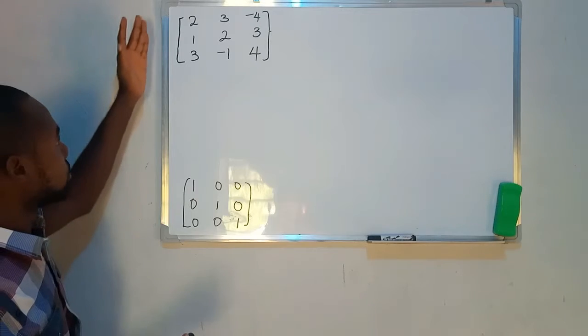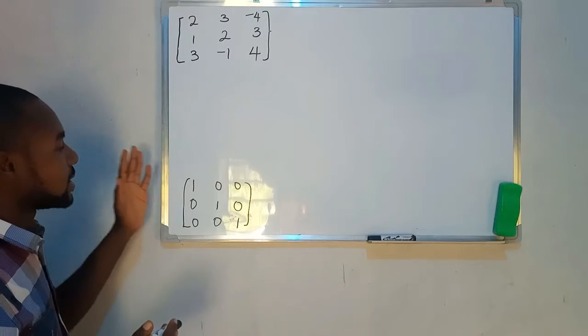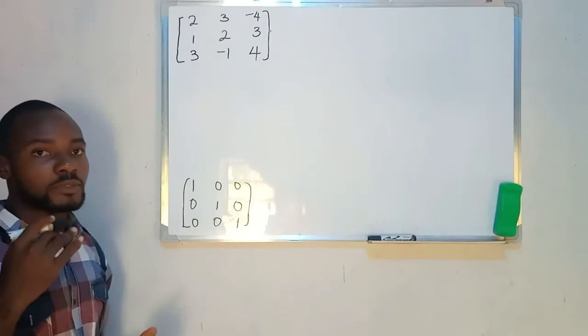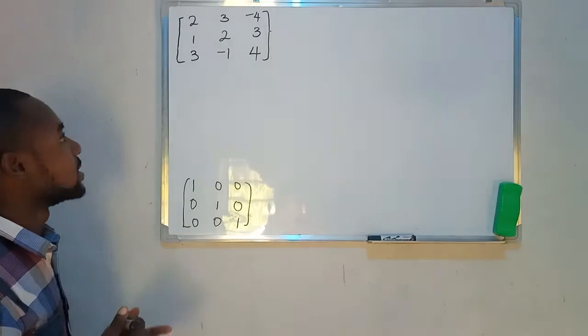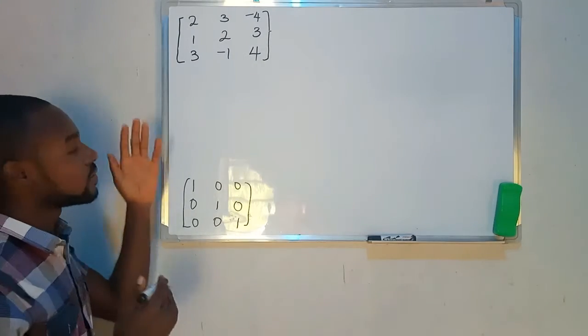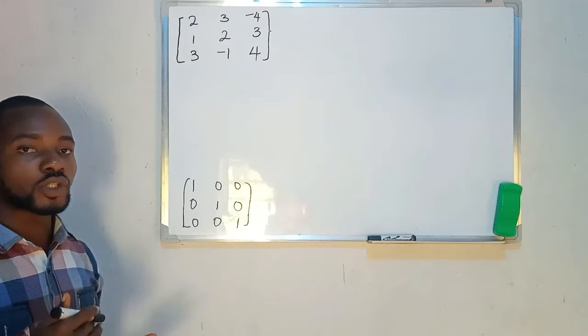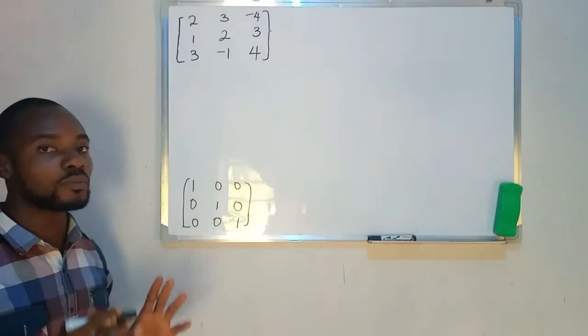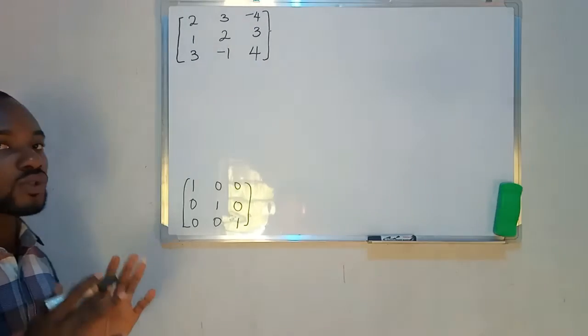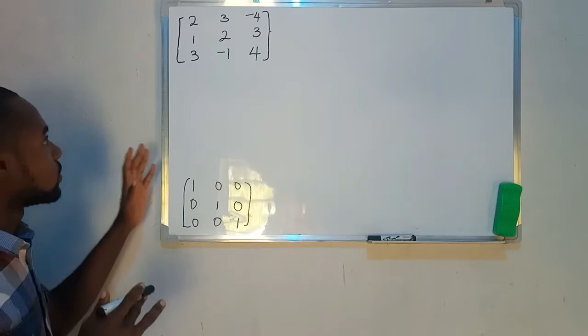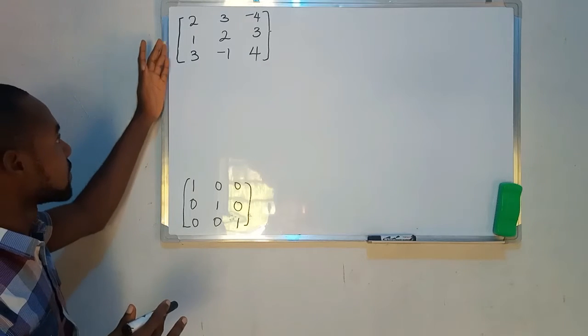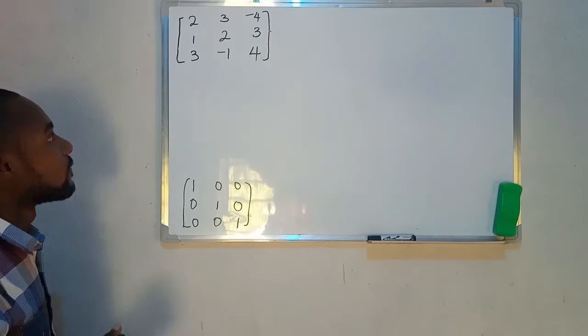So trying to reduce this to look like this, we'll follow some steps, and we can do this either through the row reduction, or we can do this using the column reduction. But in this video, I'm going to use the row reduction to reduce this matrix to its canonical form.